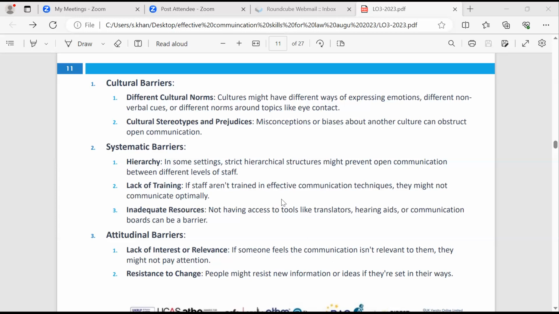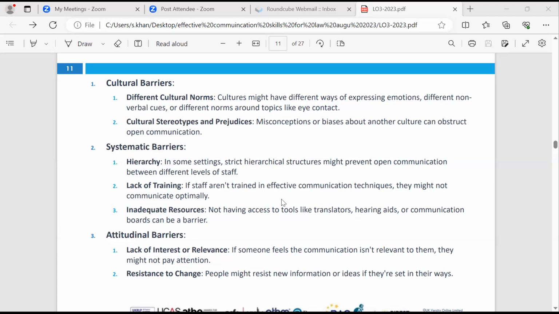You could have management, and then nurses, healthcare professionals, the supervisors. You can't openly talk to a manager about certain stuff that you would talk to your colleague about. So that could be a barrier.